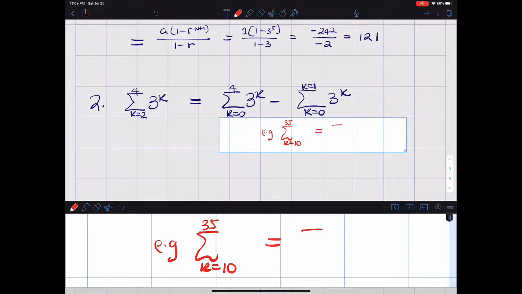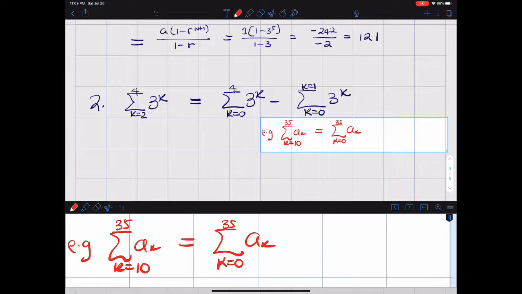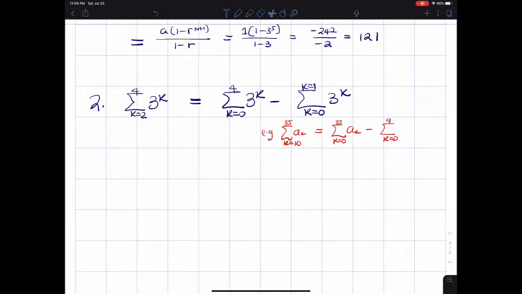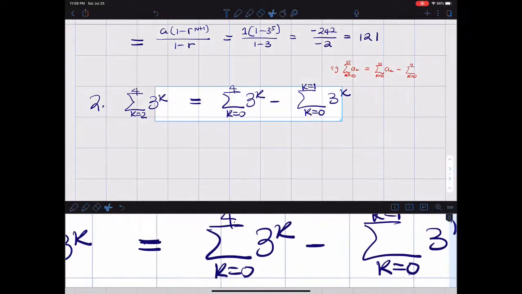Then that means we're going to go k from 0 to 35 minus, I'm just going to put a random series there, minus k from 0 to 9, because we want 10 to 35. So that's just a little example to make this more clear.